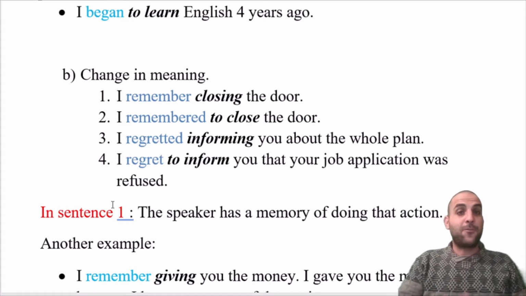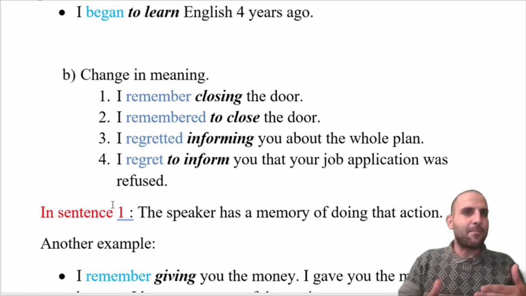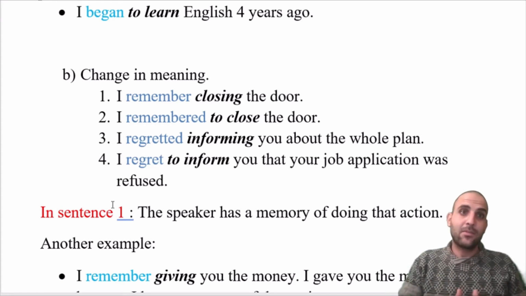Okay, but for the fourth one, I regret to inform you, it means that you feel sorry. If you want to say, for example, to break a news or to tell somebody a news which is bad. As for the fourth one, it's something different, right?